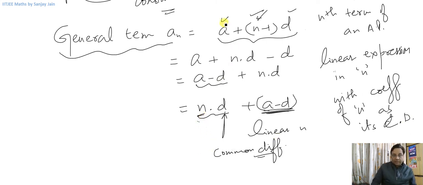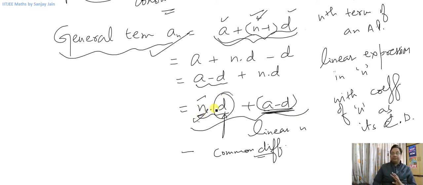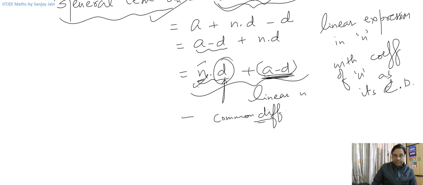So when I observe this expression here, I can say that the nth term of an AP is a linear expression in n. This is a linear expression here, with coefficient of n as its common difference, right? This much you should be able to identify here.